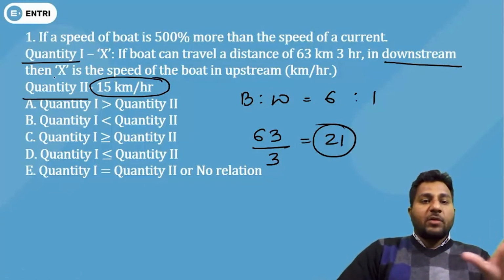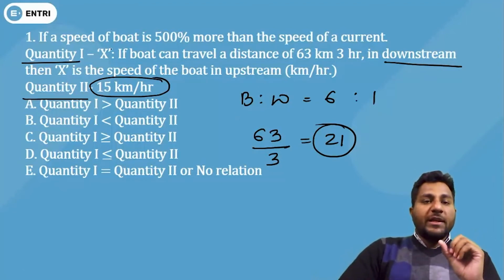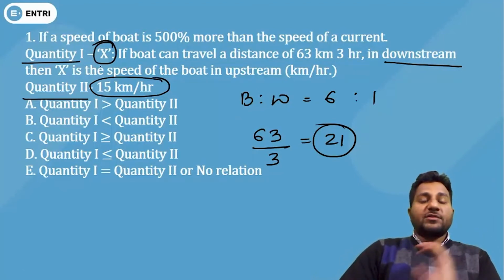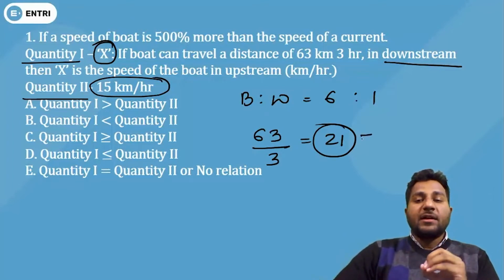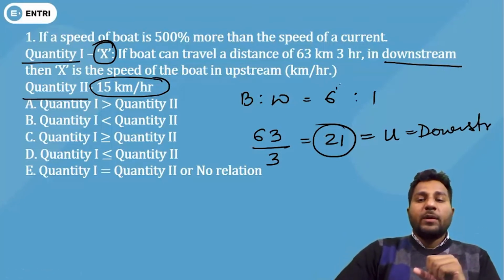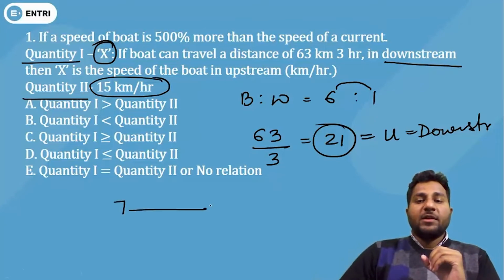Now they are asking, x is the speed of the boat upstream, so we need to compare the value of x. Let's find the upstream speed. First we figure out the downstream speed. How are we going to find it? We add the boat's and water's data, which is 7. 7 ratio equals 21, so 1 ratio equals 3.